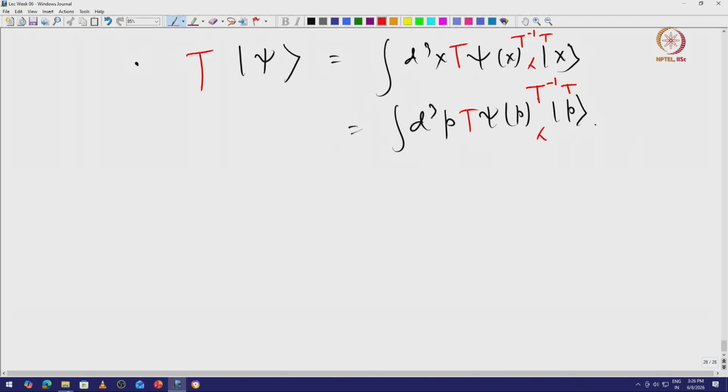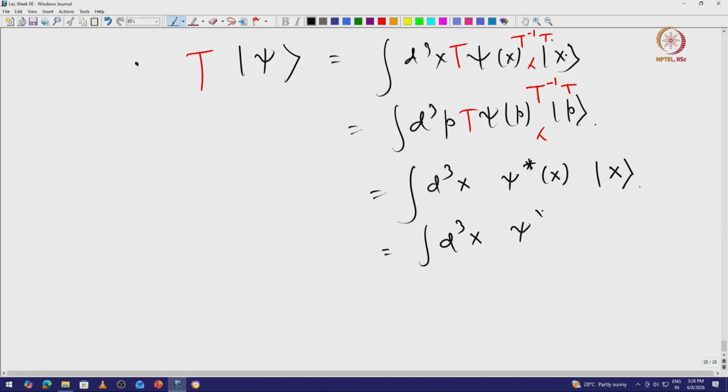So, what we will have is psi star because of the complex conjugation, whereas x remains x, and time reversal acting on state x does not do anything. So, it will be x. Whereas, for the momentum case, if you do the same way, you will see that it will be minus p by a change of variable.